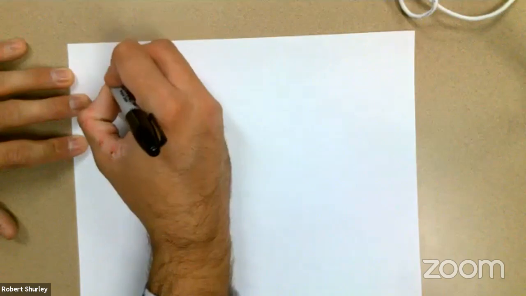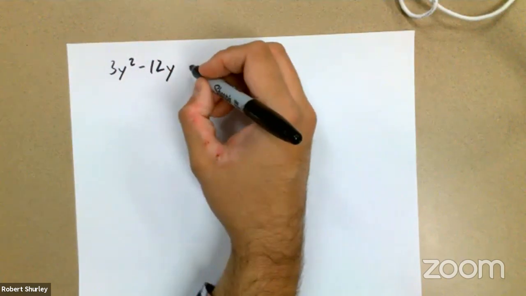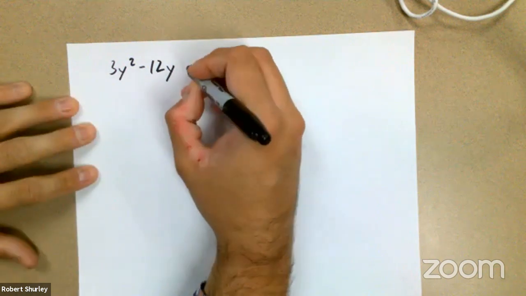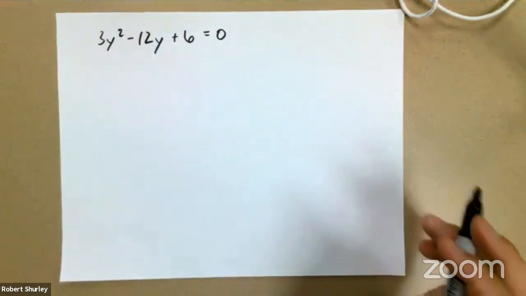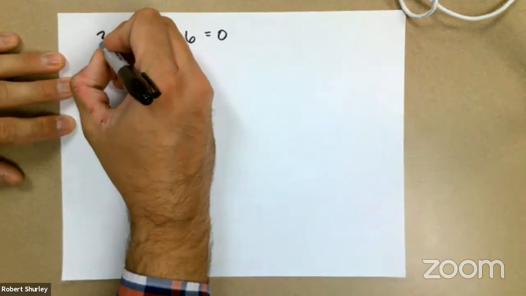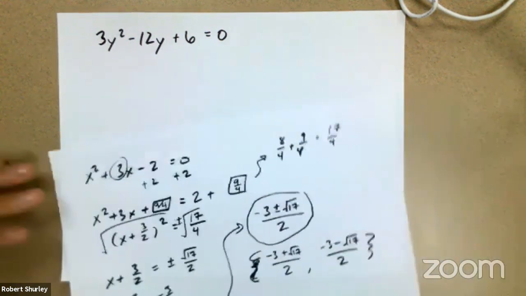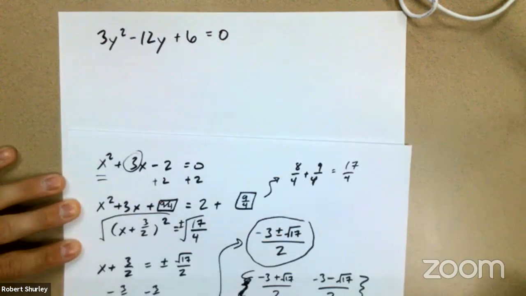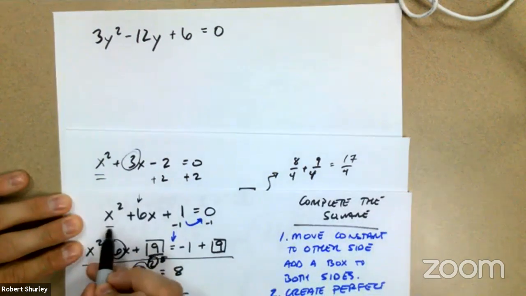So let's say we've got 3y squared minus 12y plus 6 equals 0. I just totally whiffed on this part of completing the square. Notice every example we've done so far, the x squared has been by itself.